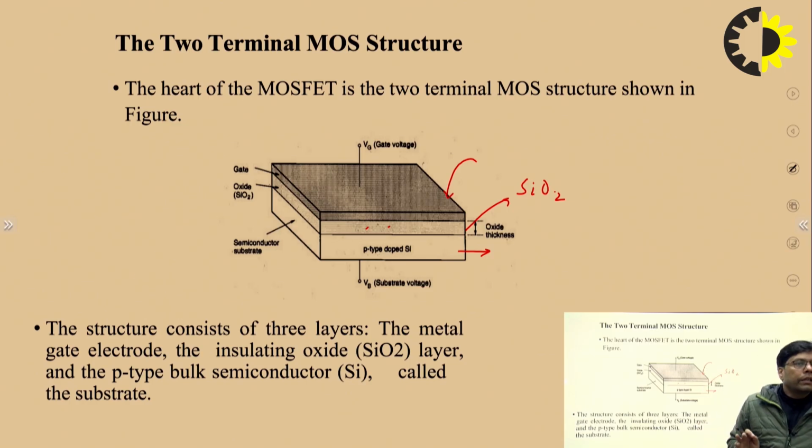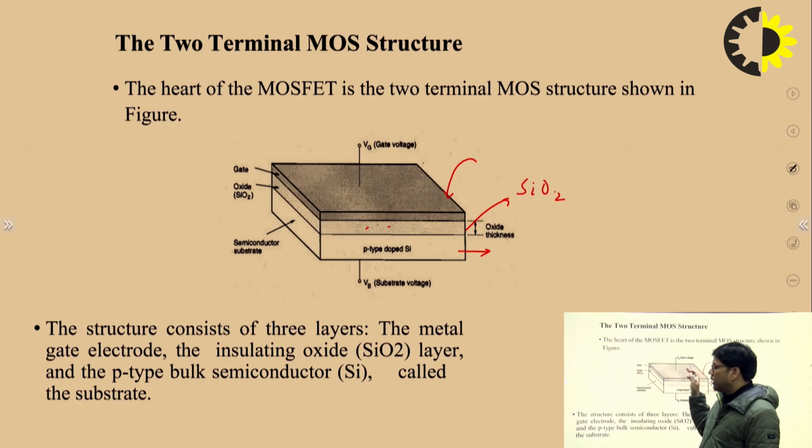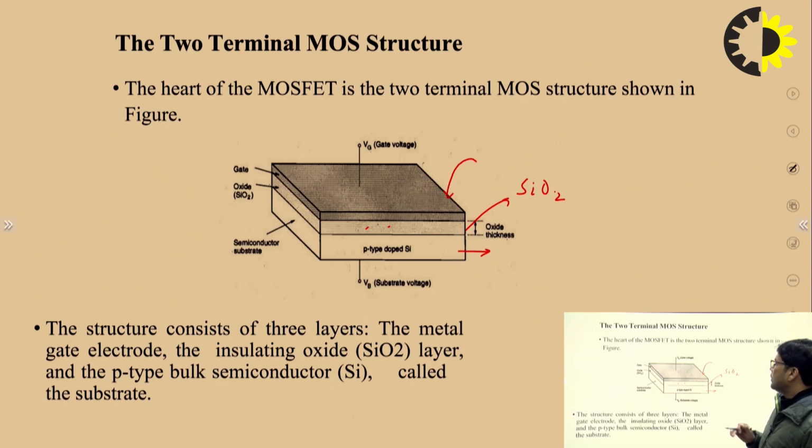The next thing we need to understand is the energy band diagram for the different layers, that is, the metallic, insulating and semiconductor layers. Here we have taken the p-type semiconductor.